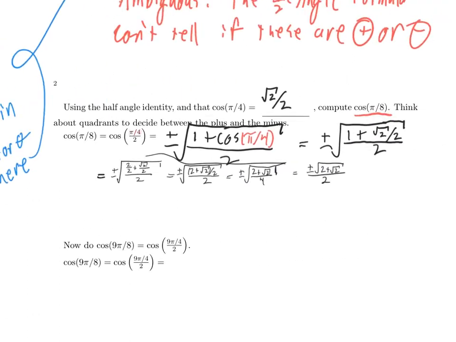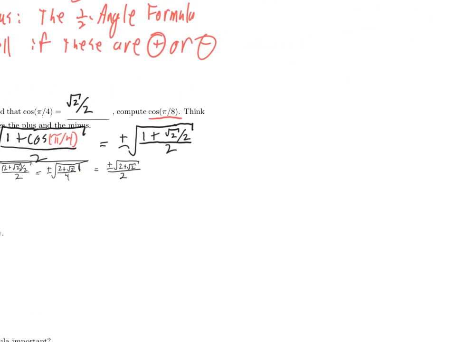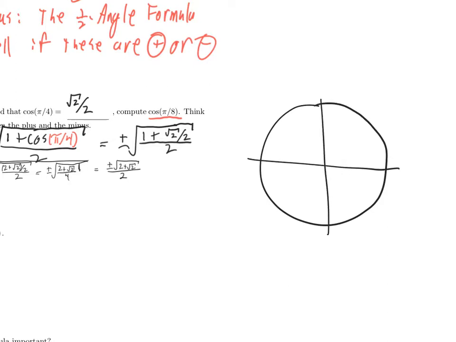So let's try to think about quadrants. Let's try to draw an angle of pi over 8. Well, there's an angle of pi over 4. Pi over 8 will be half of that. So that's in quadrant 1. So that means that cosine of pi over 8 is positive.